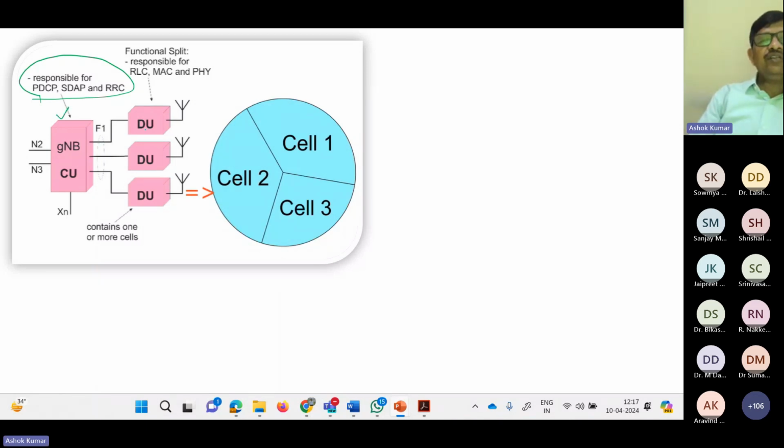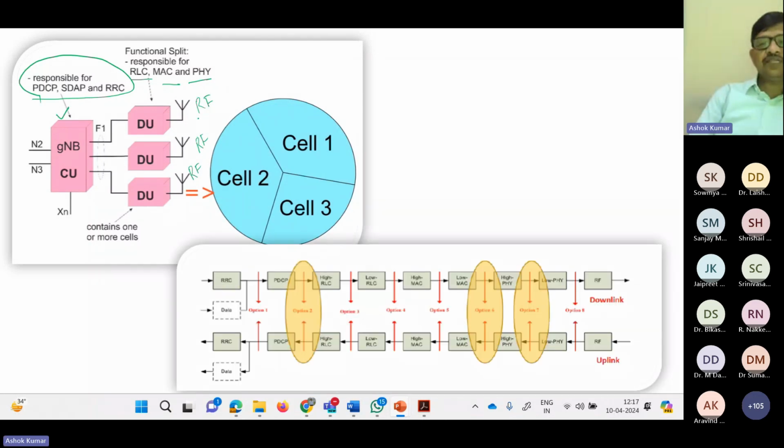And the distributed unit handles the physical, MAC and RLC layers, all three layers, right? And along with the DU, we have RF. So this is a two-level split in the case of 3GPP specifications.